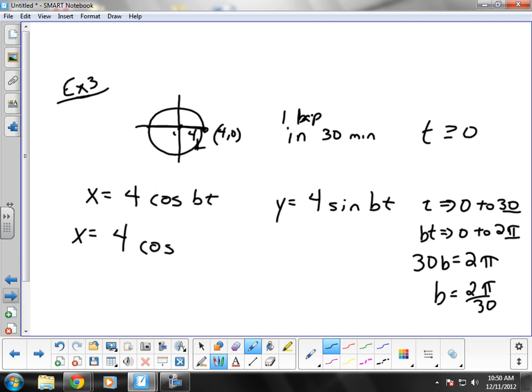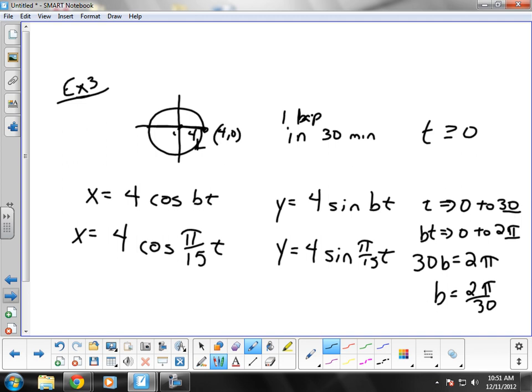So 4 times the cosine of pi over 15, and I can't lose the t, you know. It's part of the formula. Remember, because in our definition, any questions?